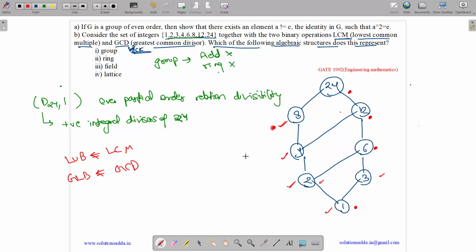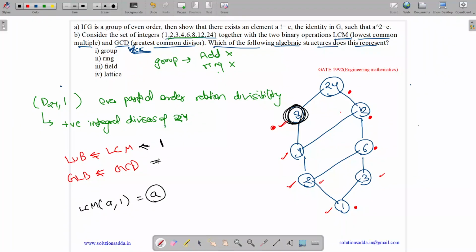Now see one thing. If we take an item 8, what is our identity element? Let us find the identity for each. Identity for LCM is 1, because LCM of A and anything is that item only.